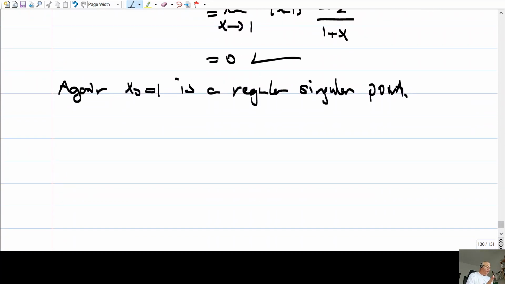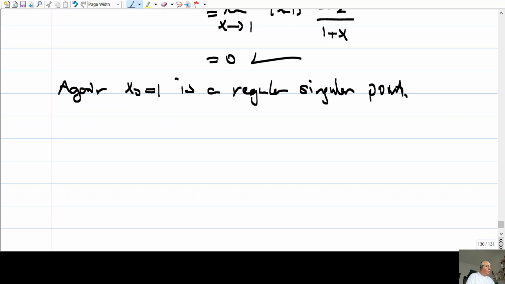All right. Now, before we pass to solutions about regular singular points, we will cover a topic so-called Euler's equation. And it turns out that the solutions about regular singular points are kind of generalizations of this Euler's equation and its solutions.